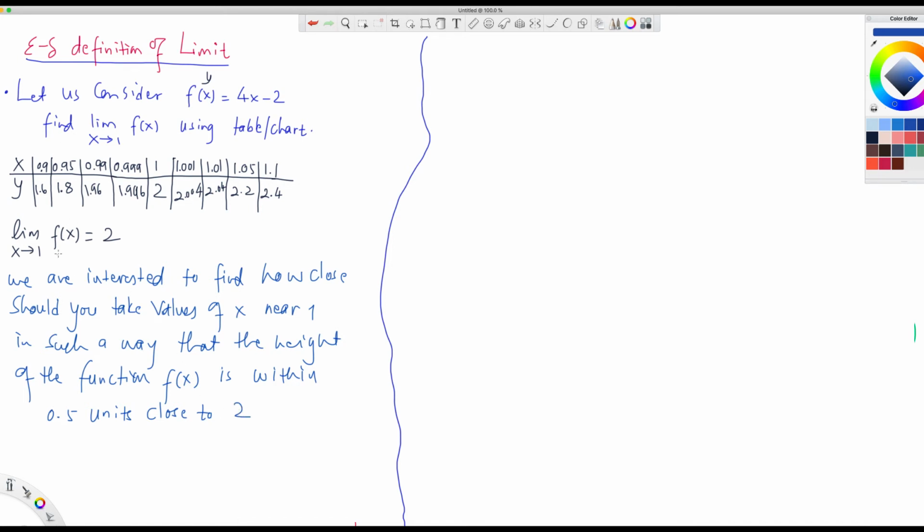We see that the limit is 2, right? Now I want to find out how close you should go to 1 in such a way that the height of the function is within 0.5 units of 2.